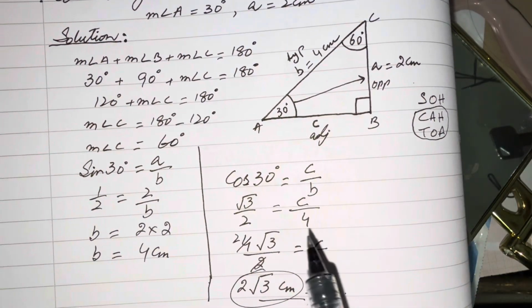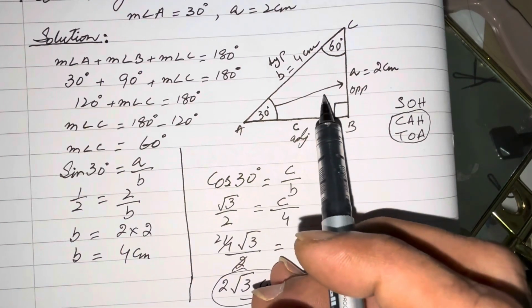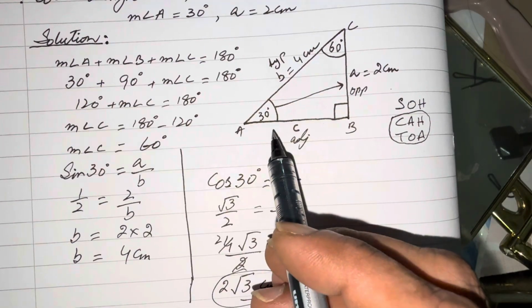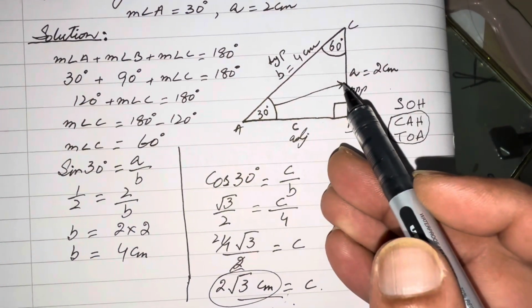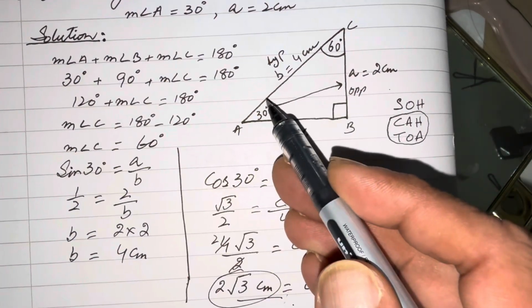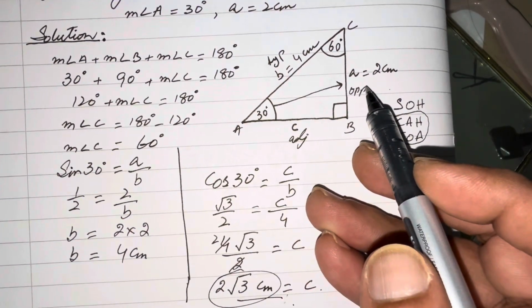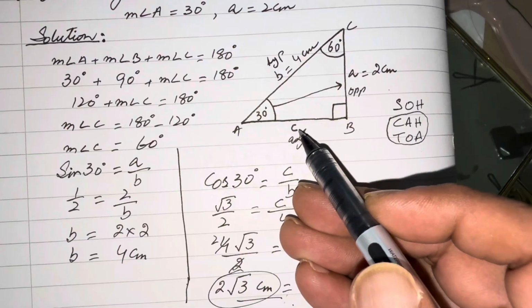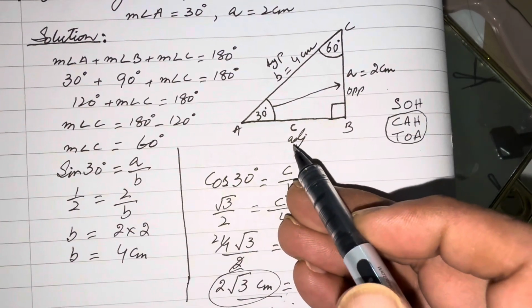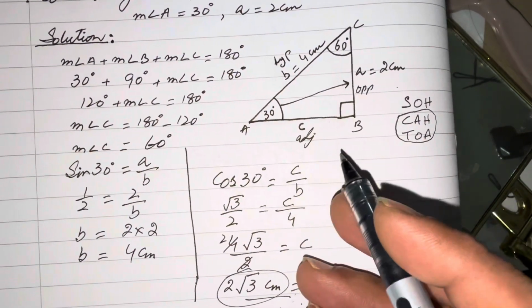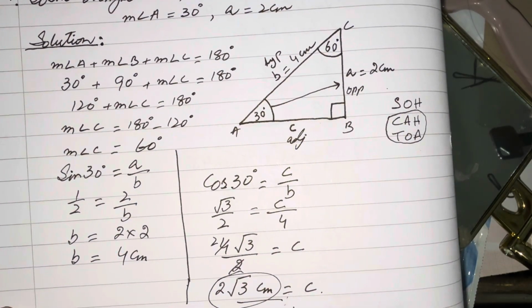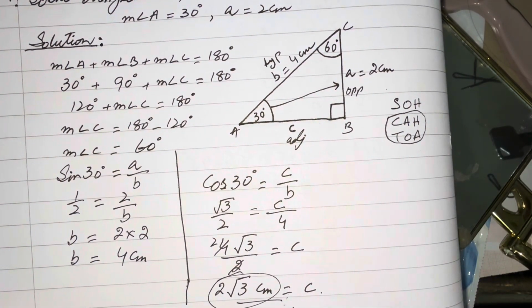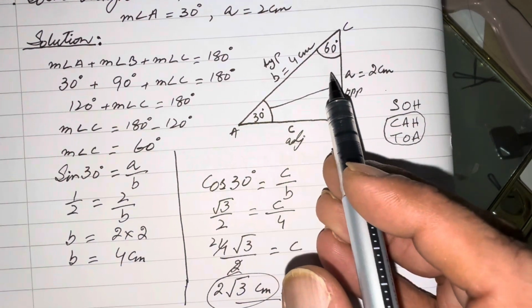There are different kinds of conditions that we will face in our coming lectures, when some sides are given: sometimes the hypotenuse, sometimes the opposite side, sometimes the adjacent side. So how can we find the lengths of the sides and the angles of a right angle triangle?